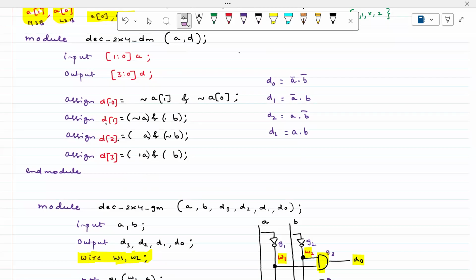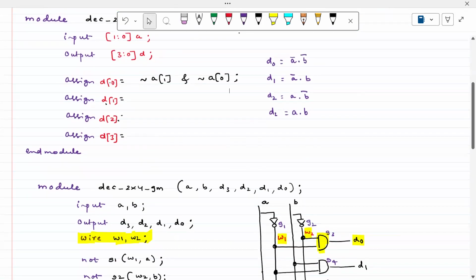Similarly, I'm going to write the other things as well. Okay, I'm going to give the time. Now, naught of A of 1 ANDed with A of 0. Okay. Next, A of 1 ANDed with naught of A of 0.